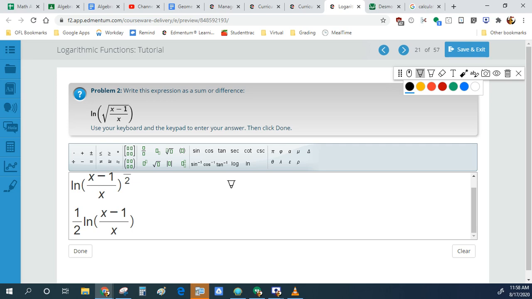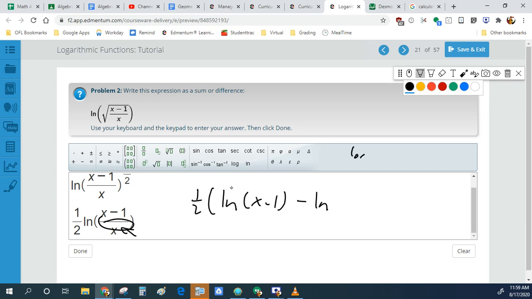So now another way of writing this down is I'm going to use my quotient rule to make this a subtraction. So I'm going to do this as 1/2 parentheses ln of x minus 1 minus, because we're dividing, ln of x.